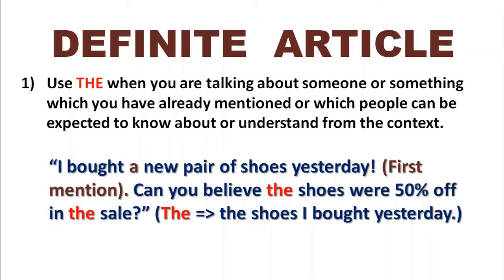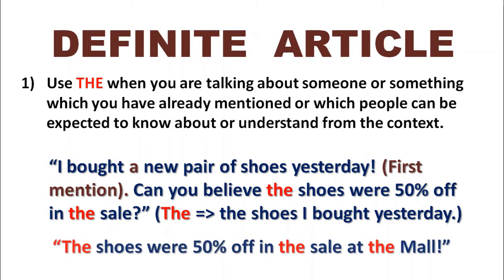We assume that you understand that there was a sale going on. That's why we got the shoes for 50% discount. So we use the first the because we've mentioned the shoes already, and we use the second the, the sale, because that explains why the shoes were 50% off, and you're expected to understand that that is at least a possibility.